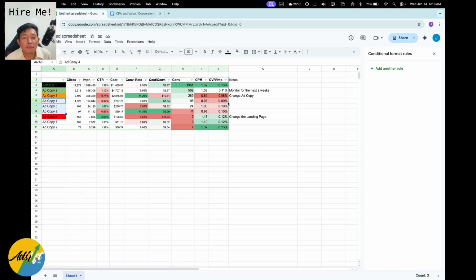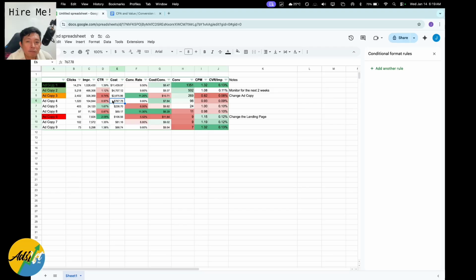Because they show very low results in terms of the data. So the spending is this one, the ad copy for it. The CPA is high, but it does not justify the cost for the CTR and the conversion rate per impressions.